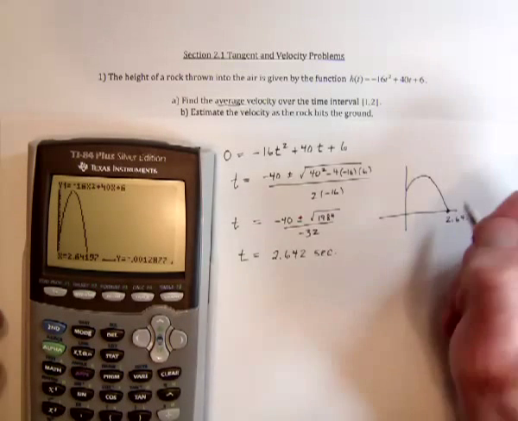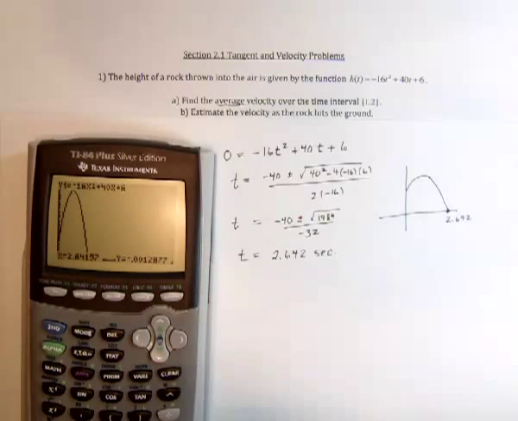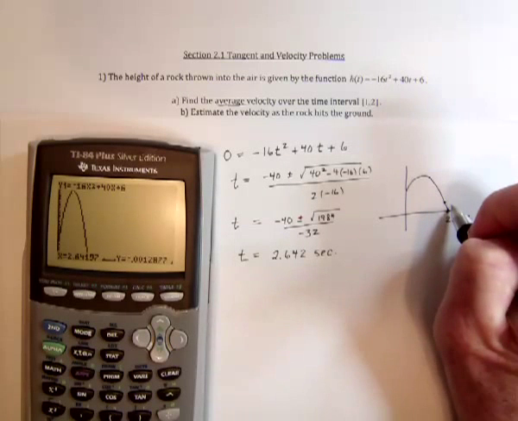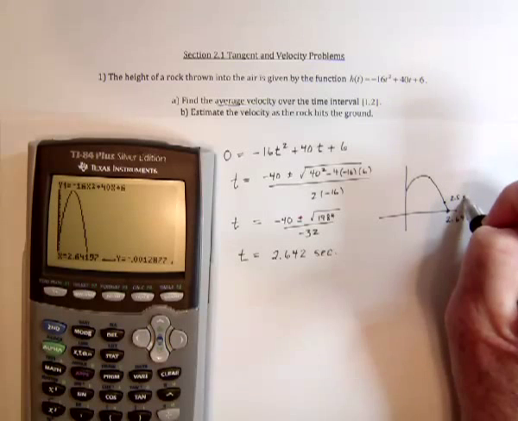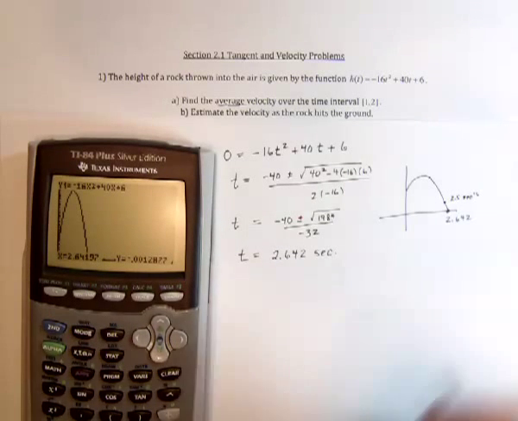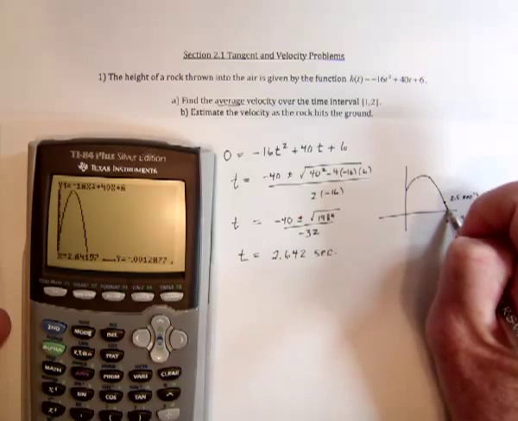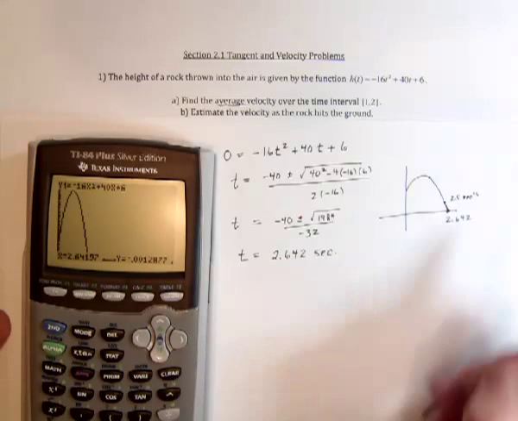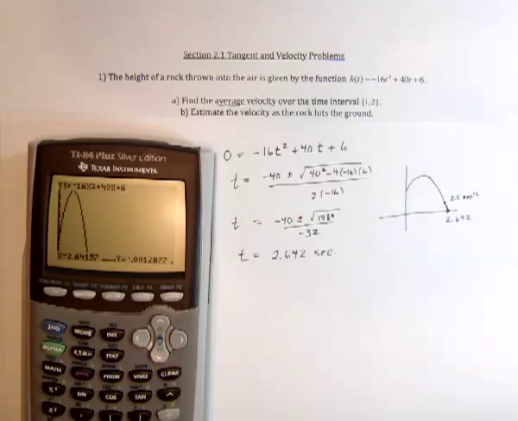So in the moment before it hits the ground, we could say go back, let's say 0.1 of a second to when it was 2.5 seconds. And then do the work like we did on part A, using this time interval from 2.5 seconds to 2.642.